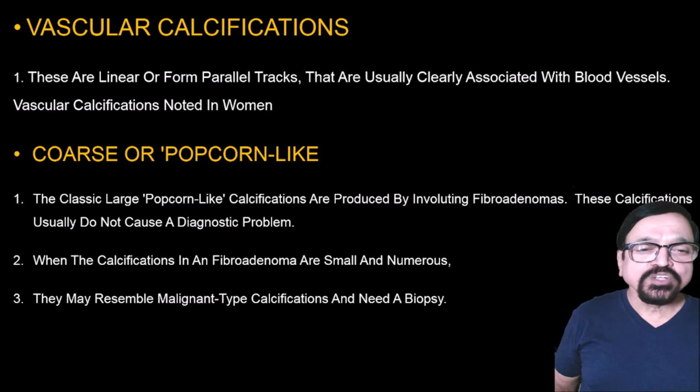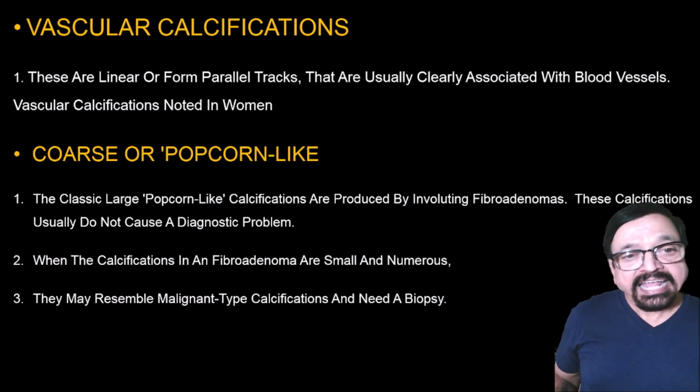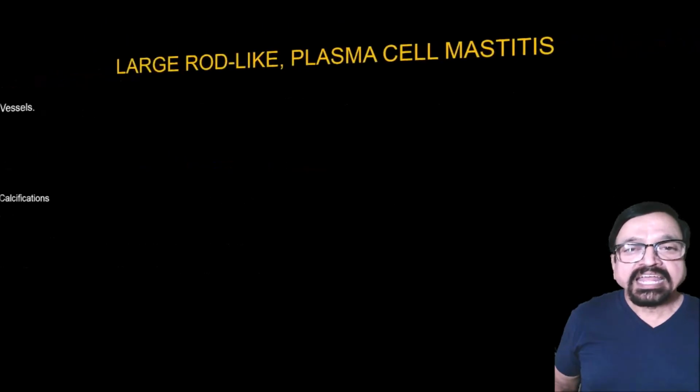These calcifications usually do not cause a diagnostic problem. When the calcifications in a fibroadenoma are small and numerous, they may resemble a malignant type of calcification and need a biopsy. So whenever any suspicion is there, if characteristic calcifications are not like popcorn or benign, of course it is a reason for a biopsy.